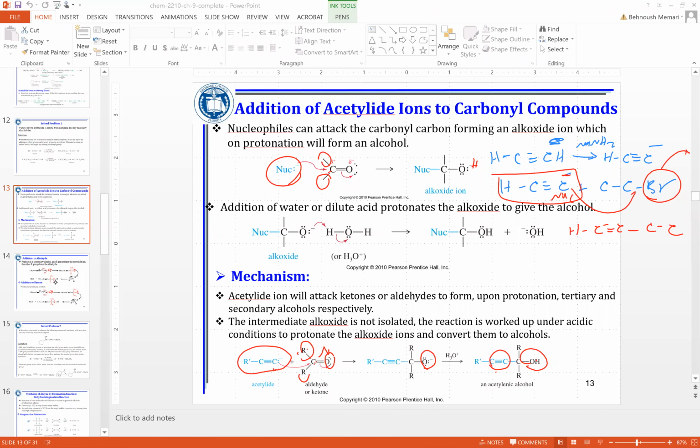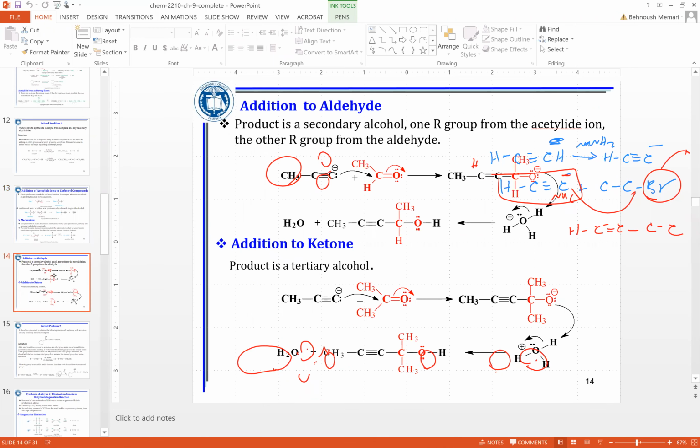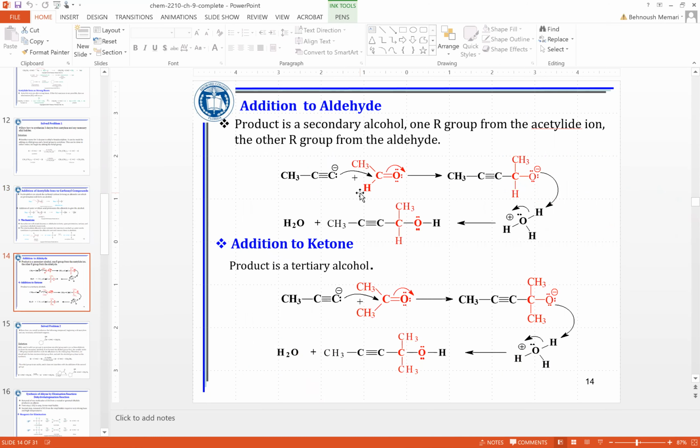Okay. Next type of reactions that we have, or specific examples of it. If you have the acetylide ion adding to aldehyde, just like Grignard. Remember from Grignard reaction, Grignard plus formaldehyde would give you primary alcohol.